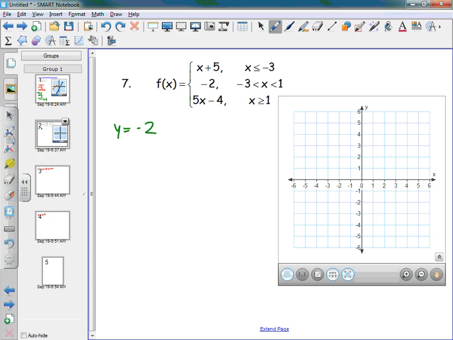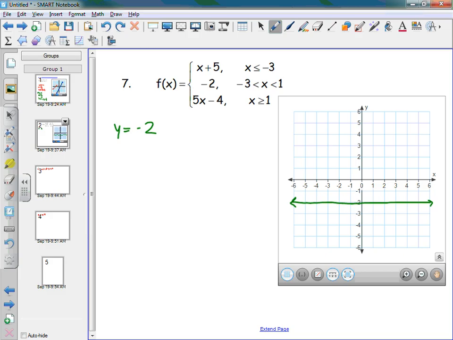It's a flat horizontal line at the value -2. There's y equals -2. Agree?